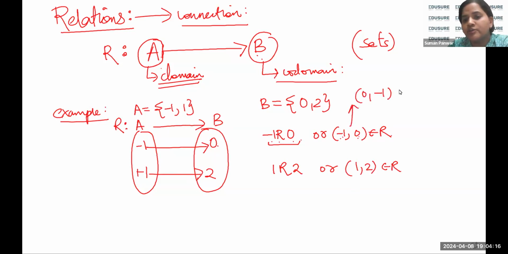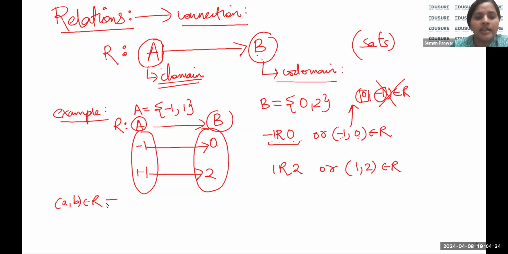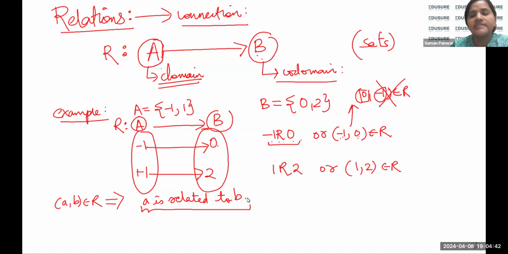You cannot say (0, -1) belongs to R. This is wrong, because the first element has to come from A and the second element has to come from B. So whenever I say (a, b) belongs to R, it means that a is related to b. That is what we mean by relations in mathematics.